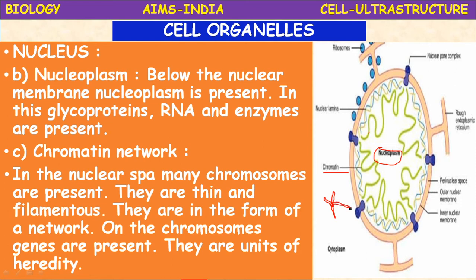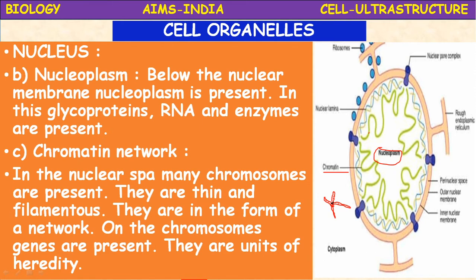So on the chromosome, these units are present, like small structures. Each chromosome may contain hundreds of these units. They are called genes. What are genes? Genes are the vehicles of heredity. They carry the characteristics from parents to offspring, children. That is why the chromatin material is very, very important.